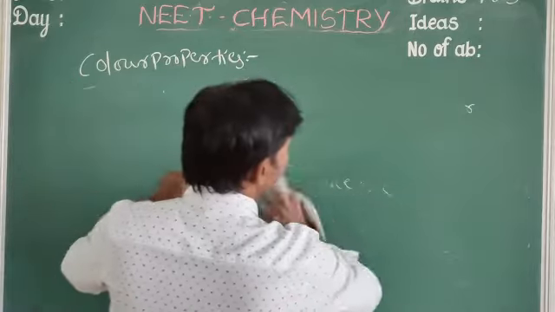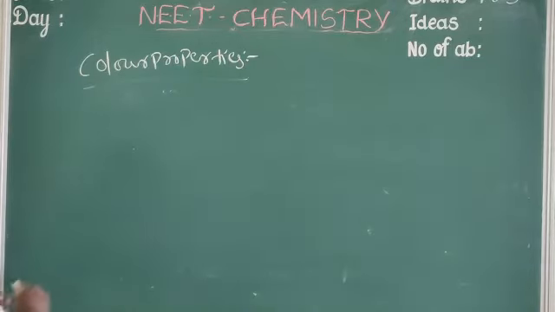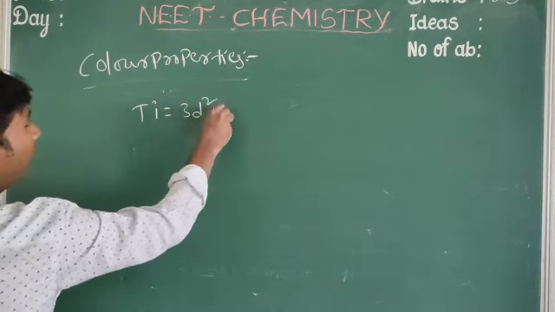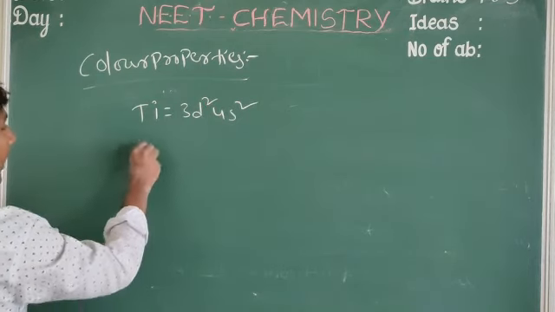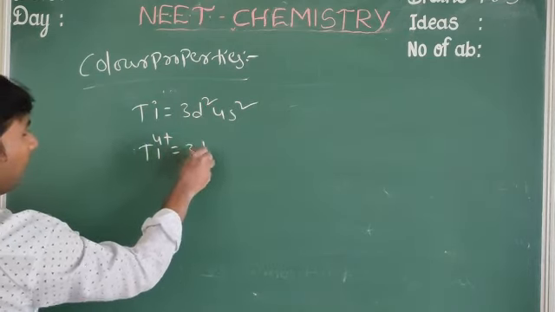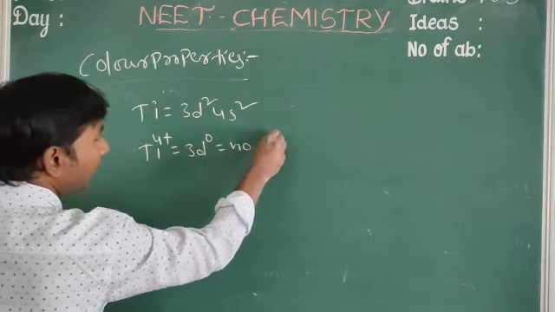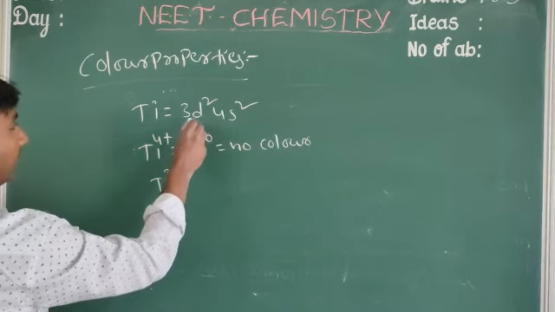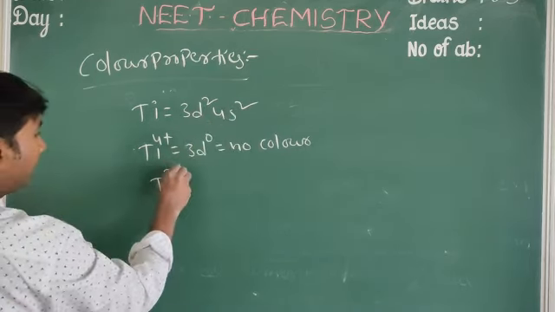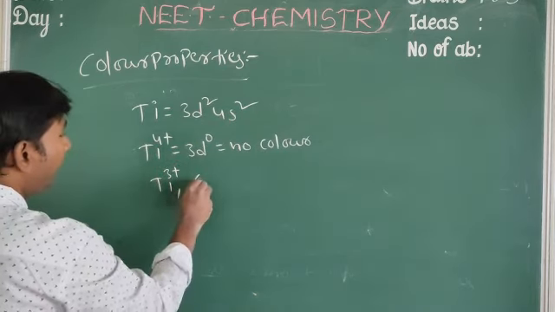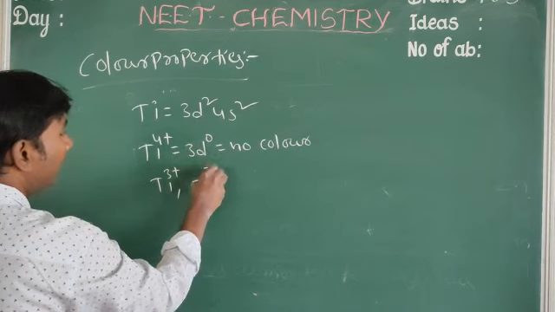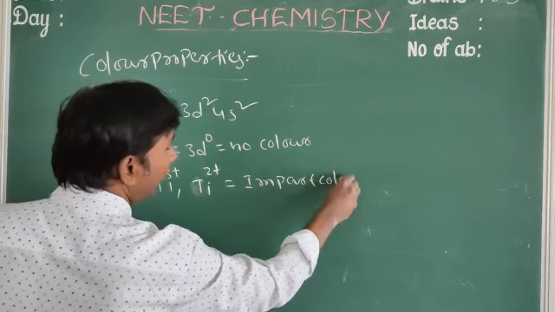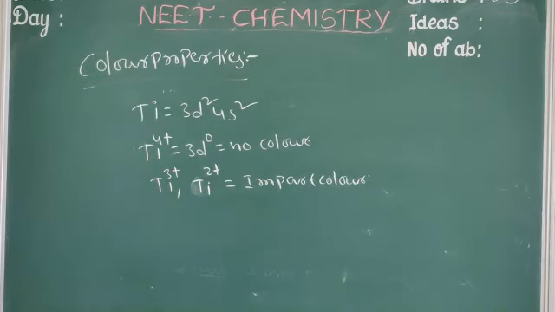Suppose titanium, what is the configuration? 3d2 4s2. Titanium 4+ is 3d0, no color. But titanium 3+ and titanium 2+ impart color.